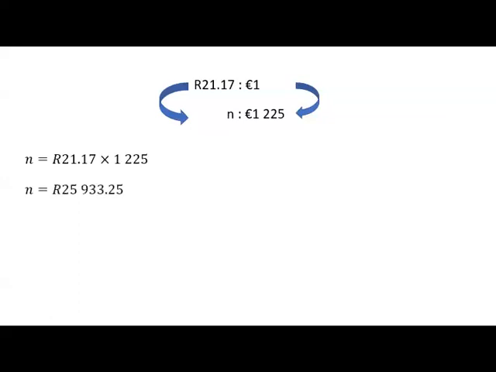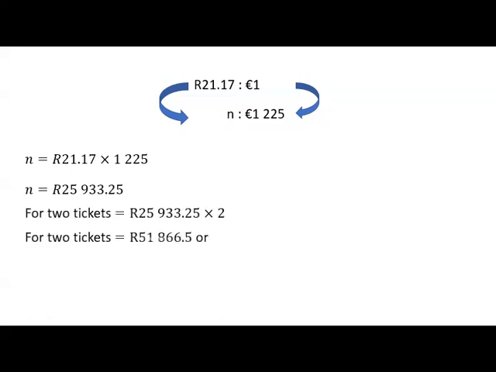This is per person, but Kira wants to buy a ticket for herself and her friend Kayla, and you multiply the answer that you get there by 2, it'll give you 51,866.5.